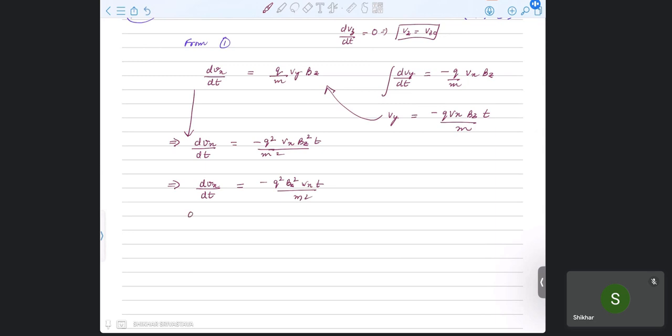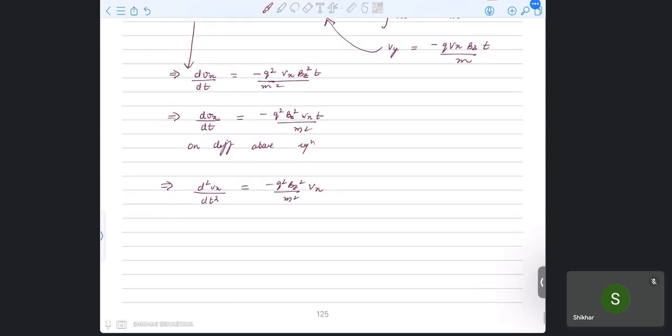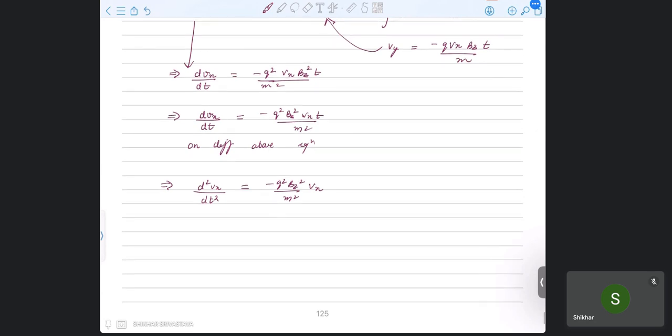On differentiating this equation, it becomes d2 vx upon dt square is equal to minus q square Bz square upon m square vx. Okay, this is one equation.